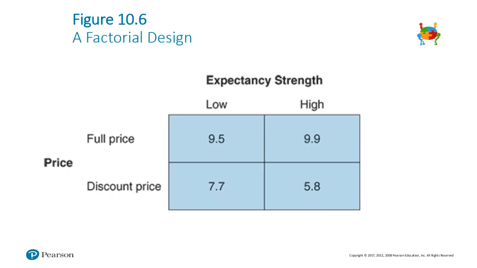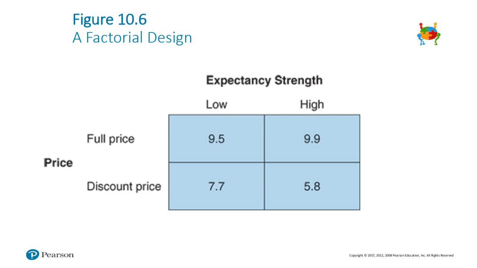And so this is the factorial design they have. You can see they have price, either full price or discount price, and the expectancy strength is either low or high. And what can you see from this just looking at the means? We'll talk more about the main effects and interaction for this in the next class.